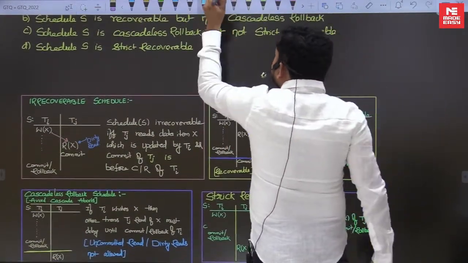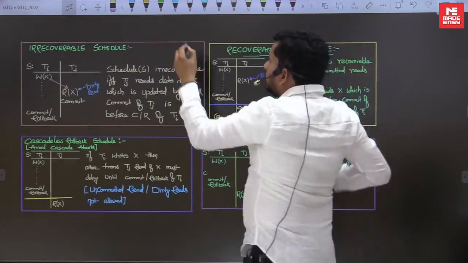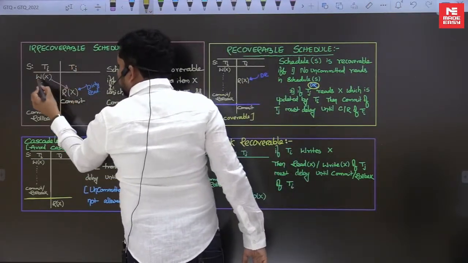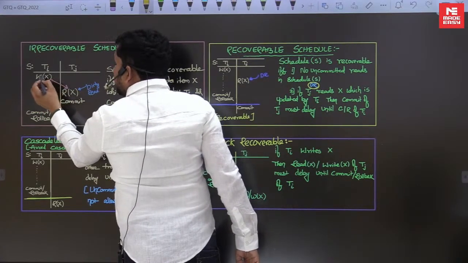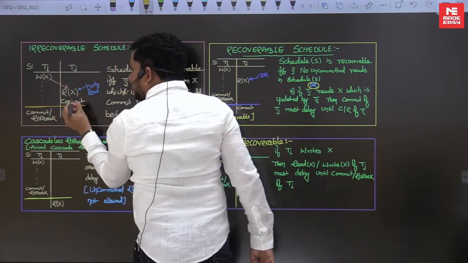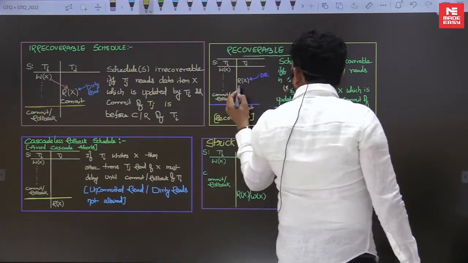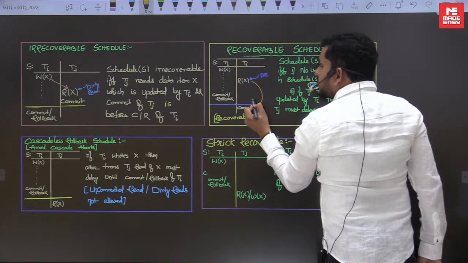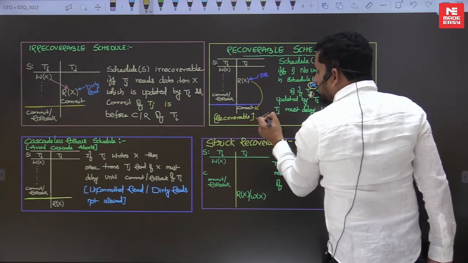See, if you observe irrecoverable: if one transaction writes the data and another transaction reads the updated value, and the transaction that performs this dirty read commits first, then it is irrecoverable. If the transaction that performs the dirty read delays its commit until the other transaction that wrote the data either commits or rolls back, then it is recoverable.